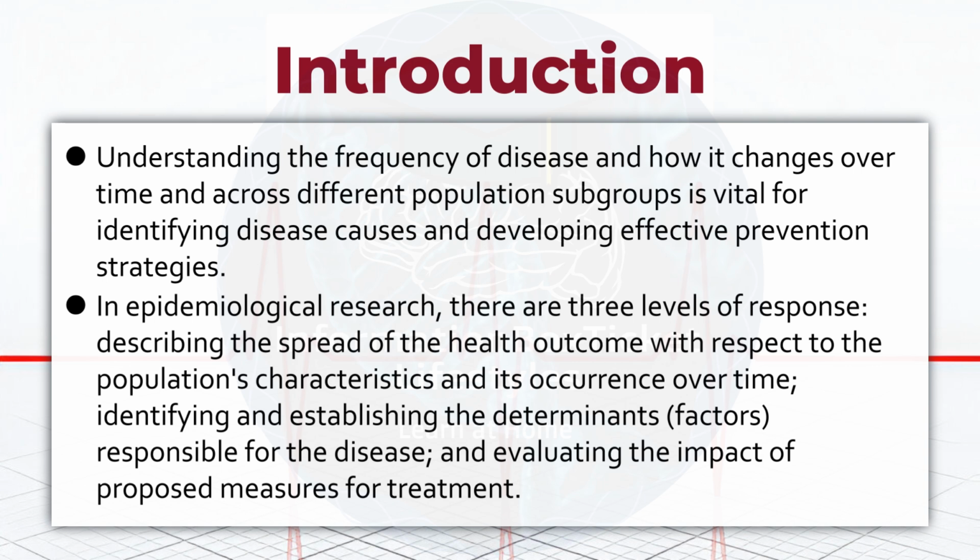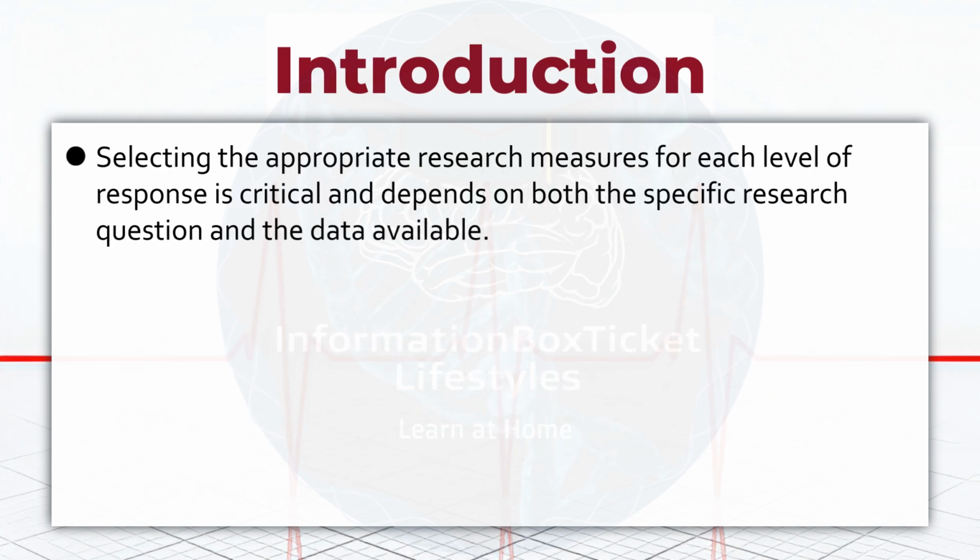In epidemiological research, there are 3 levels of response: describing the spread of the health outcome with respect to the population's characteristics and its occurrence over time, identifying and establishing the determinants, factors, responsible for the disease, and evaluating the impact of proposed measures for treatment. Selecting the appropriate research measures for each level of response is critical and depends on both the specific research question and the data available.